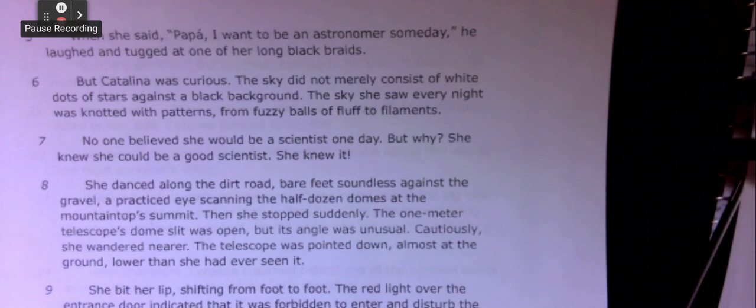She knew it. She danced along the dirt road, bare feet soundless against the gravel, a practiced eye scanning the half-dozen domes at the mountain's summit. Then she stopped suddenly. The 1-meter telescope's dome slit was open, but its angle was unusual. Cautiously, she wandered nearer. The telescope was pointing down, almost at the ground, lower than she had ever seen.